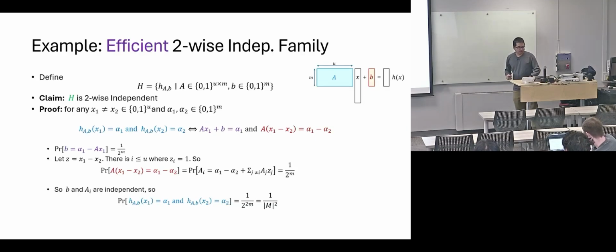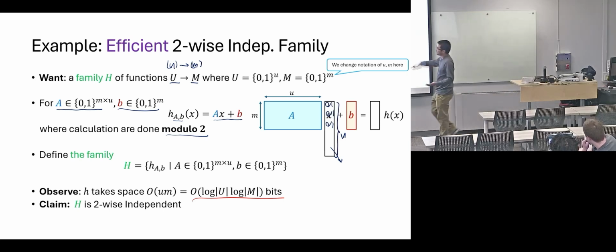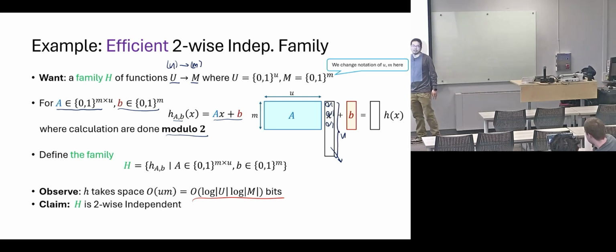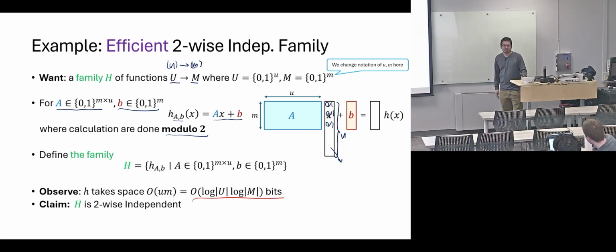Okay, so at least you see that we can construct an efficient twice independent family, so that the space that it needs to represent a function is something like polylog of the range and domain. Also, the time to evaluate is polylog too, but we don't care about time right now. It's just an efficient one, basically.